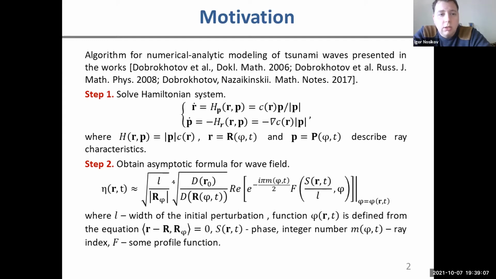On the second step, we use an asymptotic formula for the wave field. This formula is based on the canonical operator of Maslov and uses the minimum information about the tsunami wave and provides fast and very accurate calculation of the main parameters. And we can estimate the amplitude of the wave.